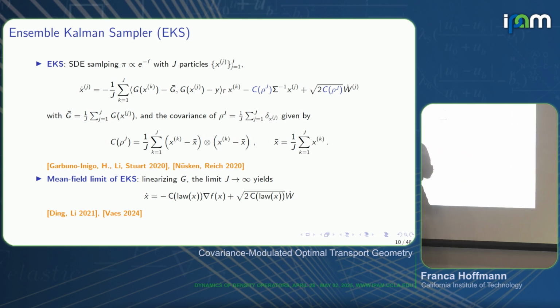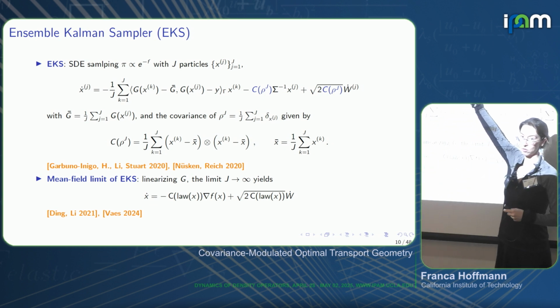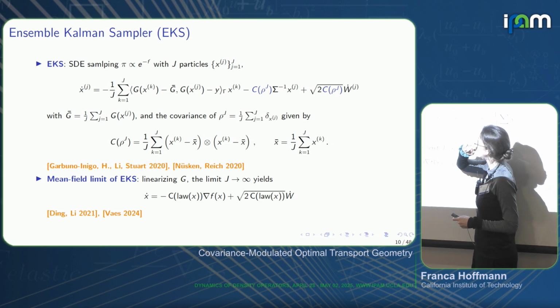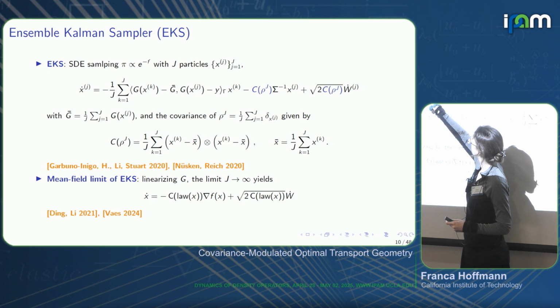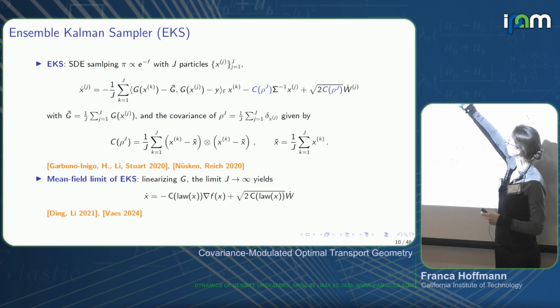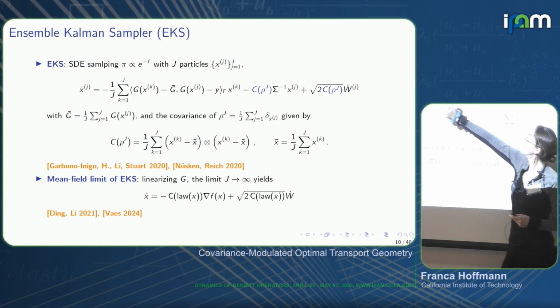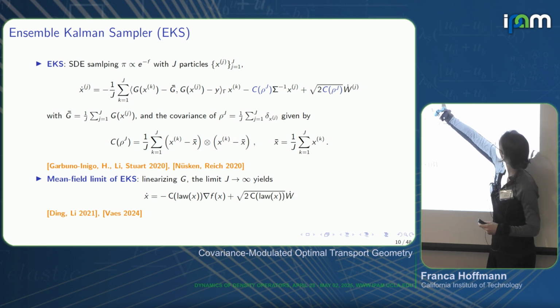And this first term here is something that's very common in all of the ensemble Kalman methods in this family. And you see that here you're trying to drive particles together to collapse, because this is the mean of G. And then here you're trying to drive particles to match the data. And then this is a term that comes from the prior.